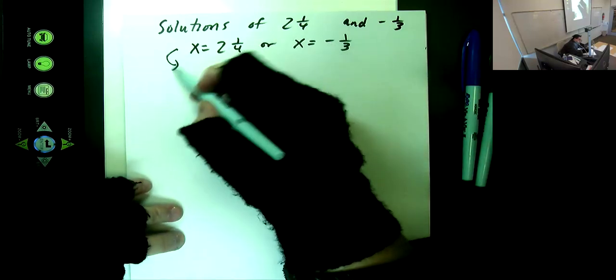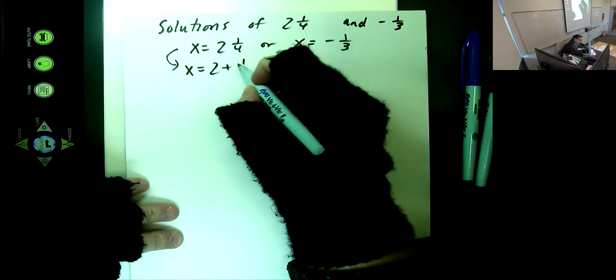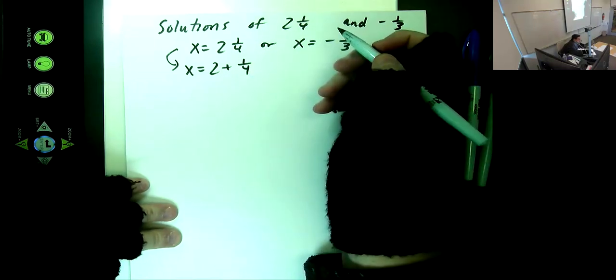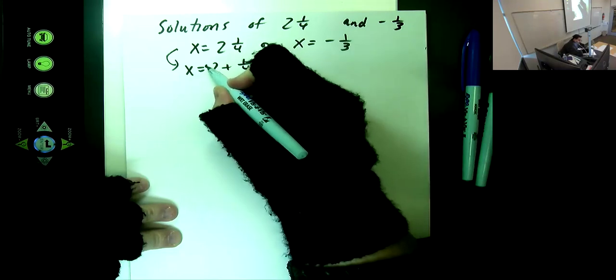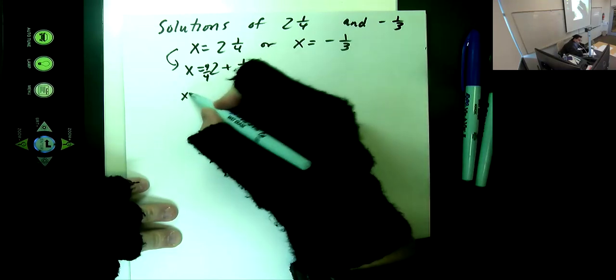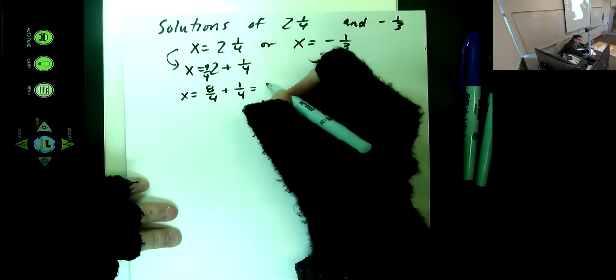It might have been a while since you worked with mixed numbers. This is the same thing as 2 + 1/4. And if we get a common denominator, we multiply this by 4/4. We've got x equals 8/4 plus 1/4 equals 9/4.